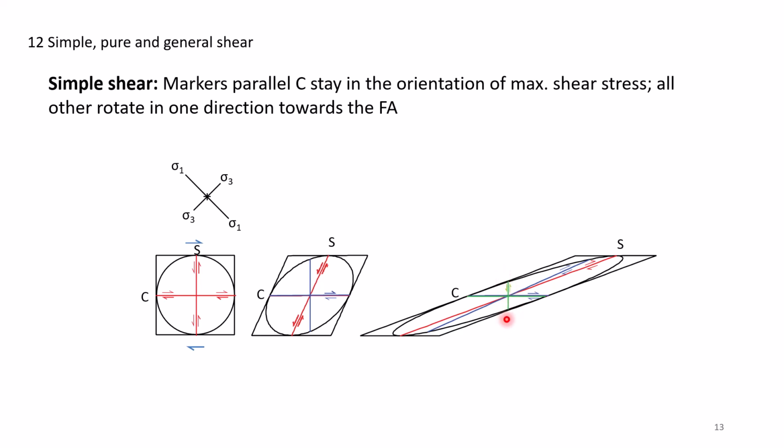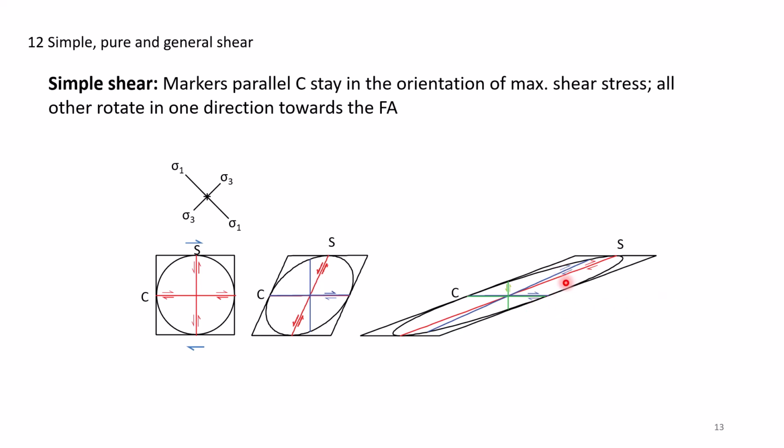A vertical one here now looks very short in this sketch with a top to the left sense of shear and a new one overprinting the previous red and blue shear zones parallel to the C-plane. The C-plane remains in the orientation of maximum shear stress. It does not rotate as we see, and it also maintains its top to the right sense of shear.